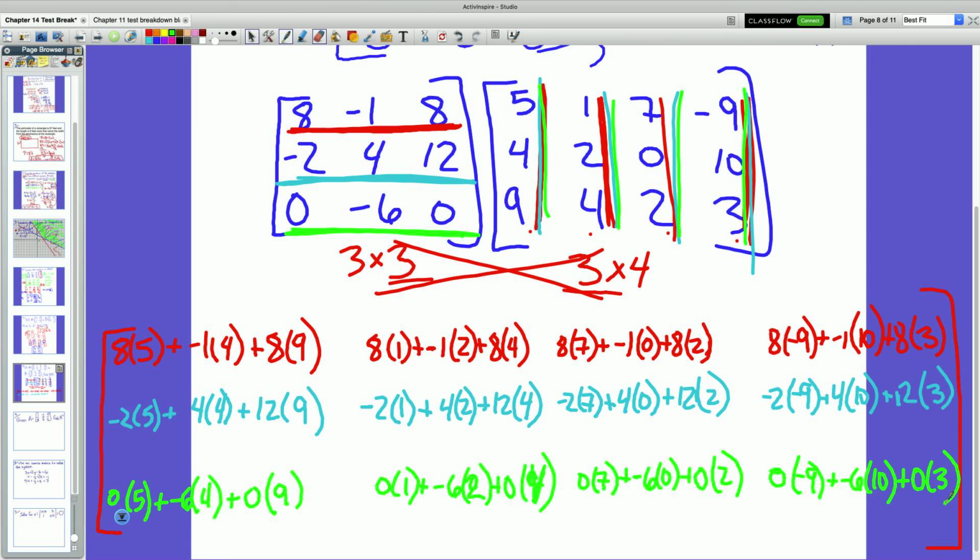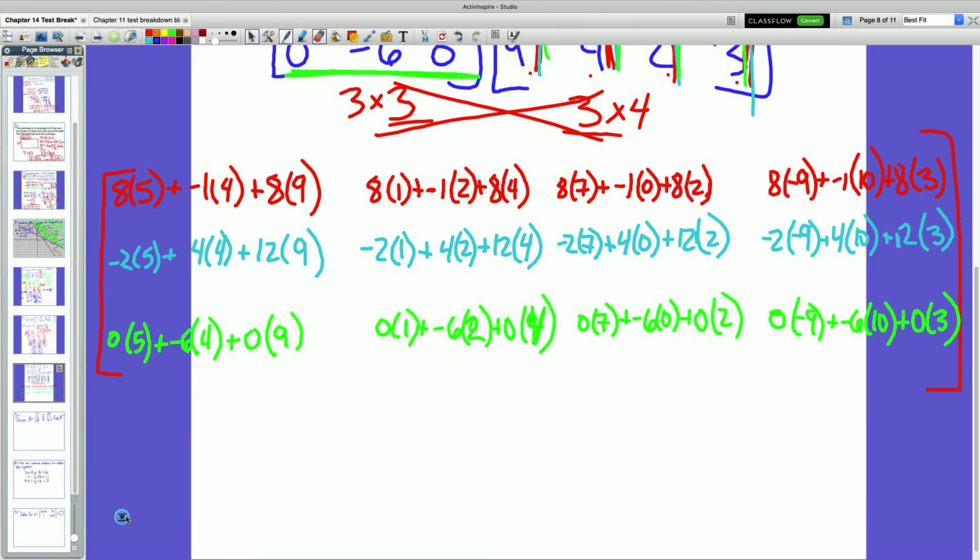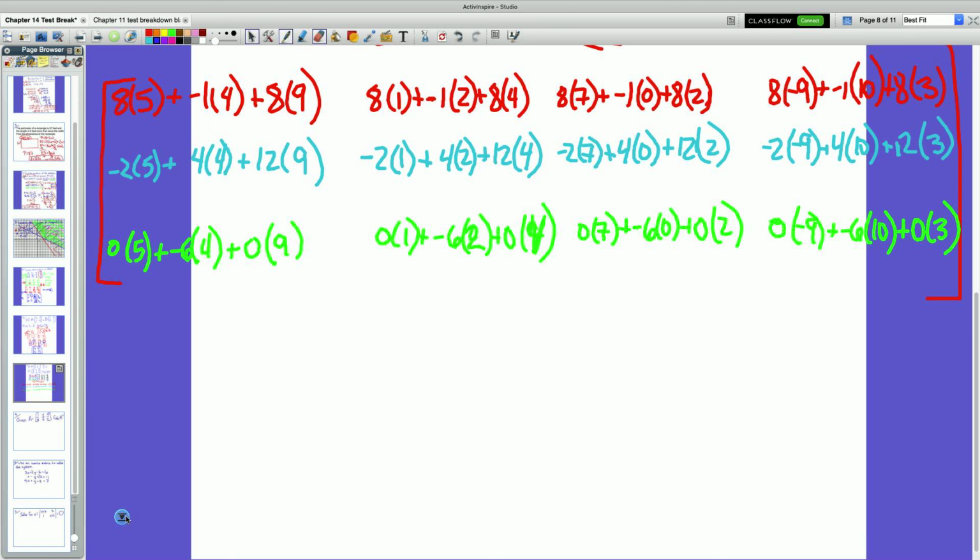Right, now I actually get to go through and do the math. Woo! Okay, so like I said, if you don't want to show this first step that I wrote out for you to follow, that's fine. But I highly recommend you show this next step. So this next step is where I do the math.